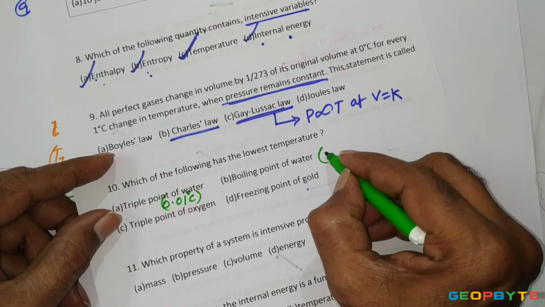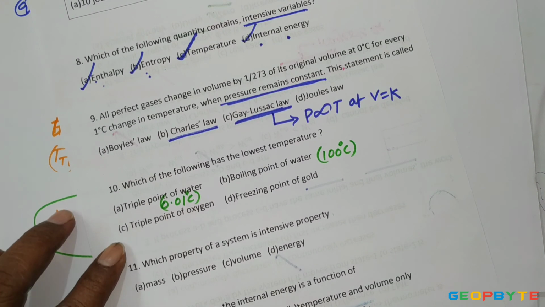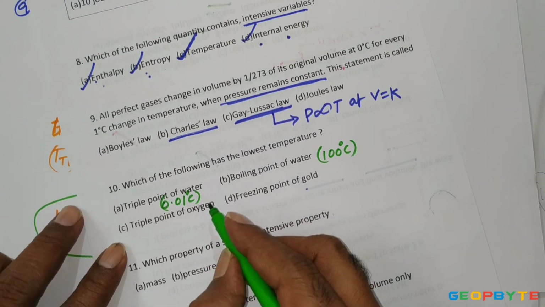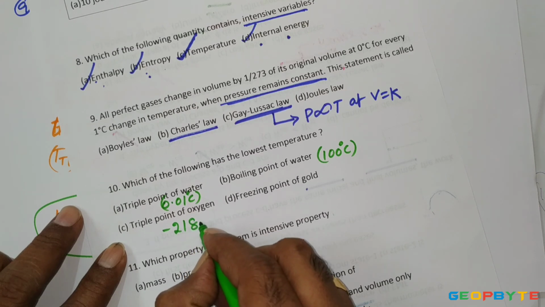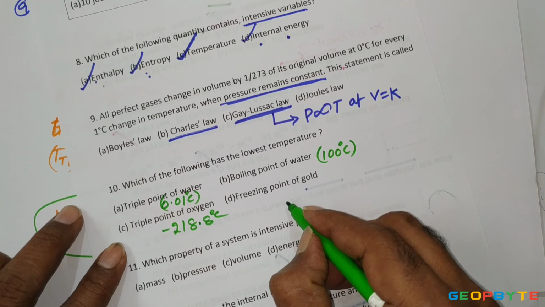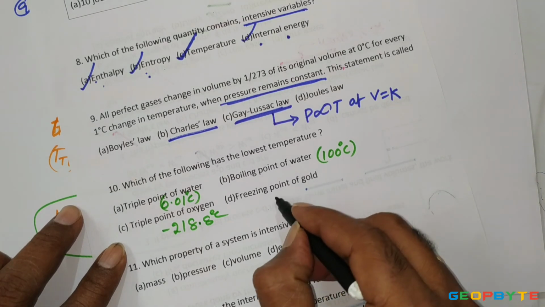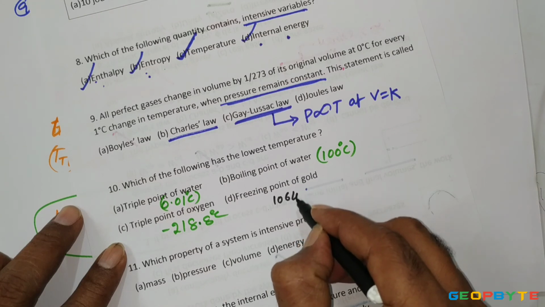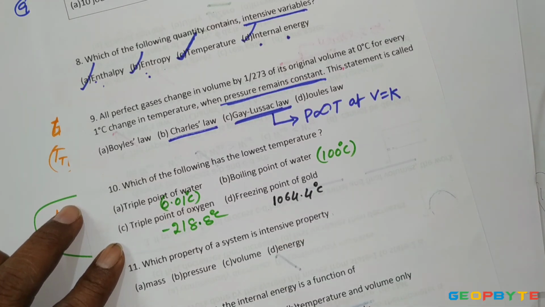Boiling point of water, everyone knows it, 100 degree centigrade. Triple point temperature of oxygen, approximately minus 218.8 degree centigrade. Freezing point of gold is approximately 1064.4 degree centigrade.